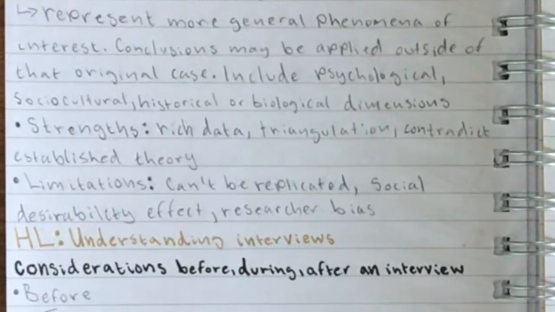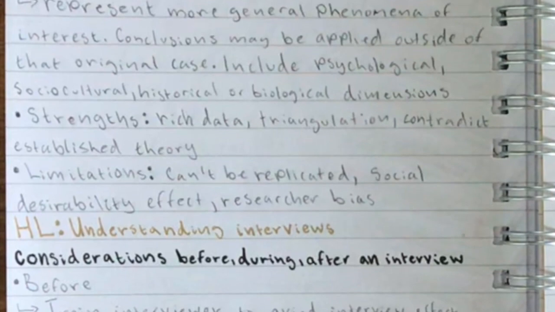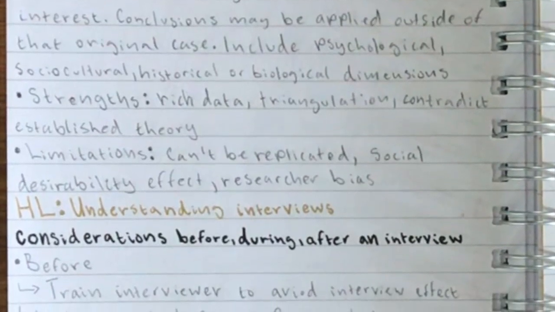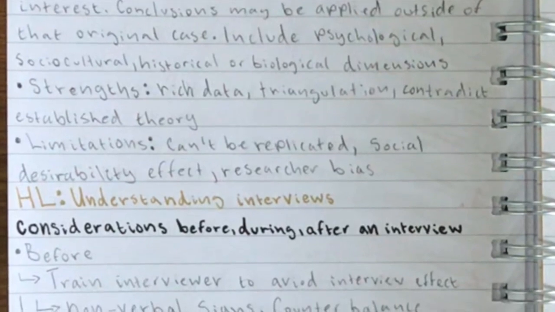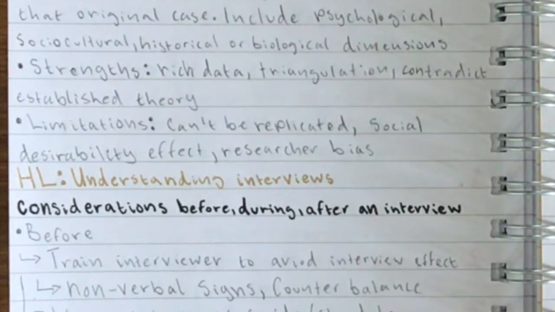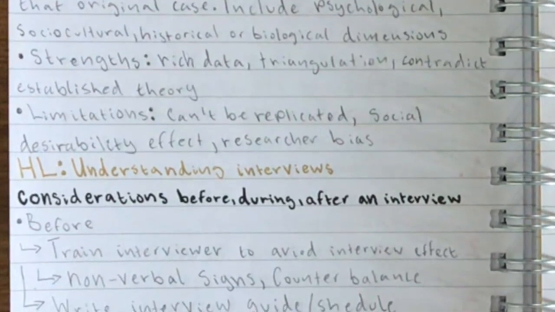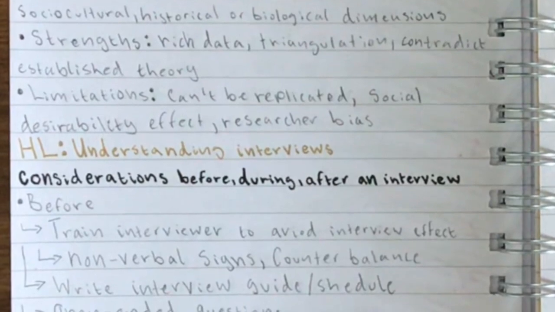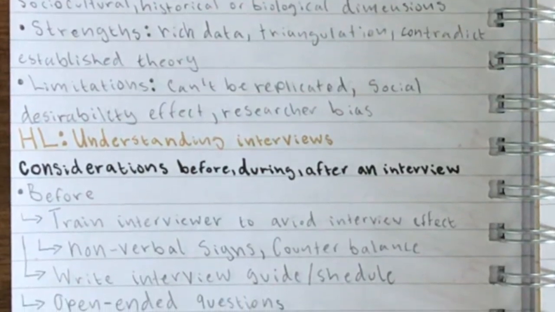This also means that it's super important to include psychological, sociocultural, historical, and biological dimensions within your report. The strengths to this are that you produce rich data, which means that it's data that is very in-depth with a lot of detail. There is triangulation, and you can contradict already established theories.